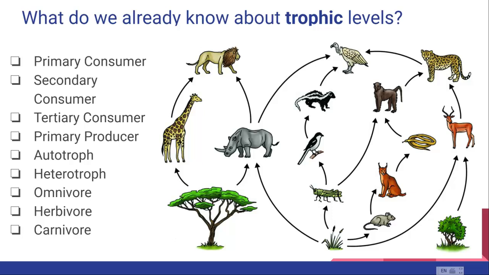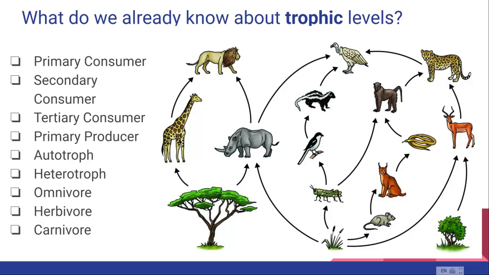So what do we already know about trophic levels? Well, I assume that you've heard some terms relating to trophic levels. Some of you may know what a primary consumer is. Primary means first. A consumer is someone who consumes, right? Maybe someone who eats. Secondary is something that comes after primary. Tertiary comes after secondary. How about a primary producer?